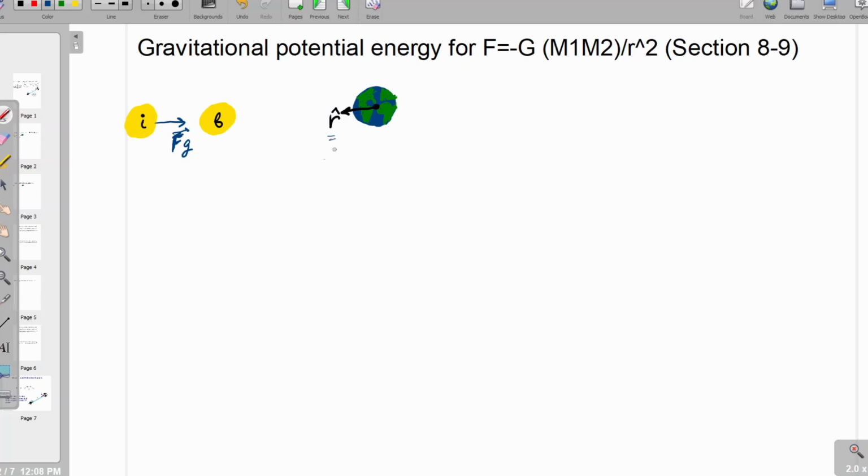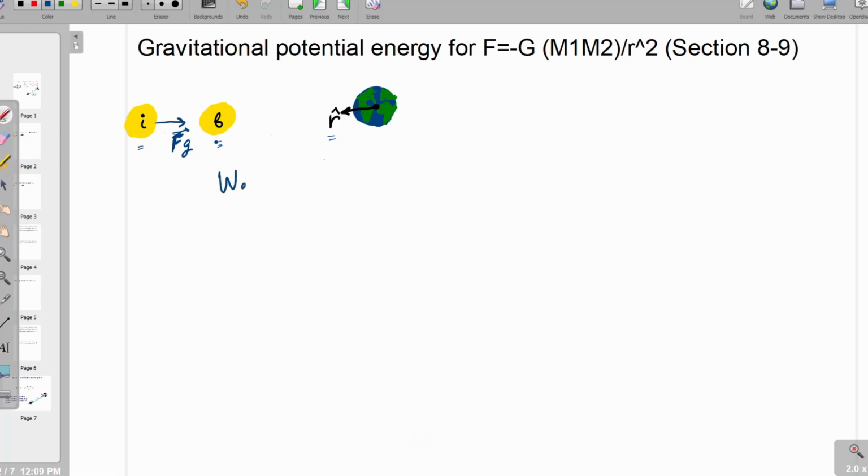And we have an object that is, say, starting from some initial location out here, a bit of ways from the Earth, and that moves under the influence of gravity closer to the Earth right here. And of course, gravity is pulling on it as it's coming in, so gravity will do work on the object.